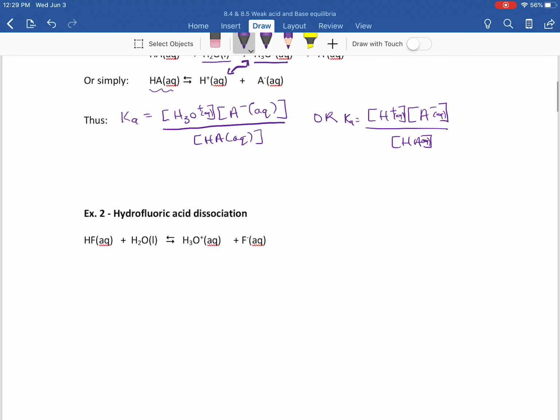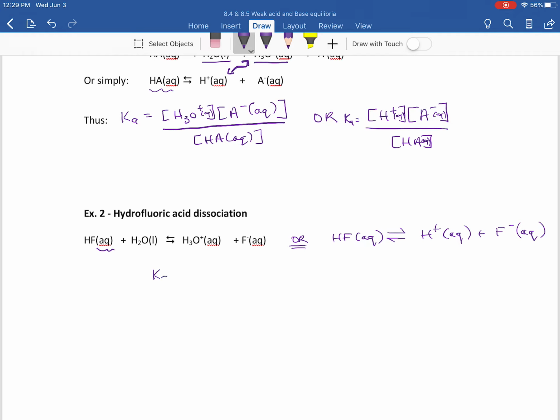So if we look at hydrofluoric acid dissociation, here's my example. I've got hydrofluoric acid dissolved in the presence of water, and that's what makes it an acid because it's aqueous, and it separates. We could have also said in this situation, just like a regular dissociation, and you would have learned this in grade 11 as well. So either or, whatever floats your boat.